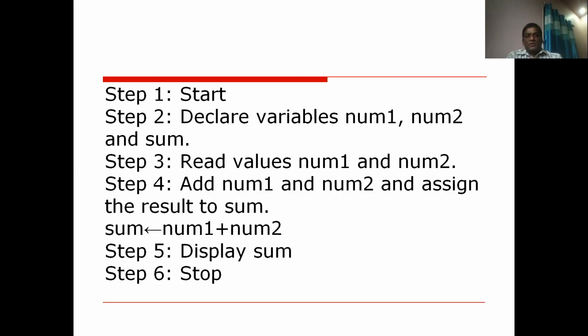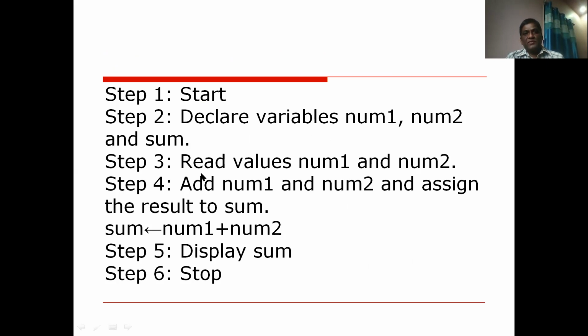This is a simple algorithm which adds two numbers. Step one is start. Step two is declare any two variables, let us say num1 and num2, and another variable for storing the result.